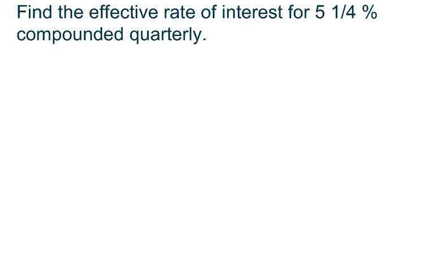We can start with any kind of principal we need. So we're going to let the principal equal $1,000 on this one. So what we're going to do is invest $1,000 for 1 year quarterly.